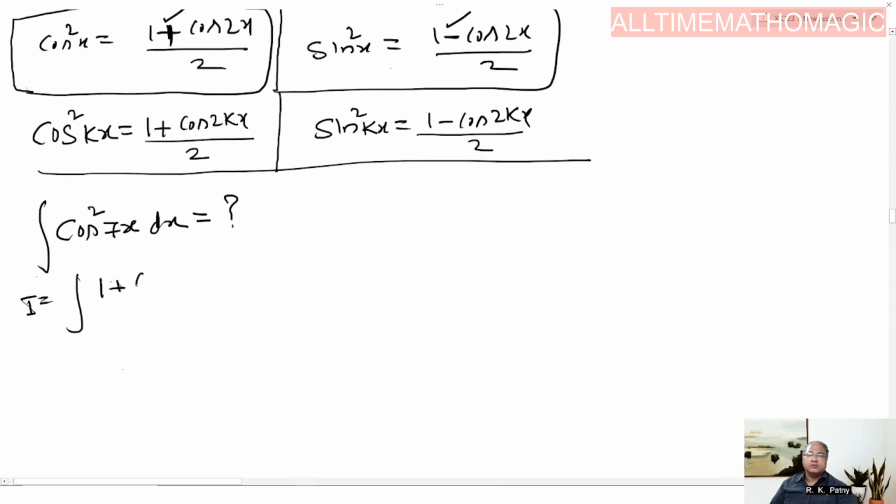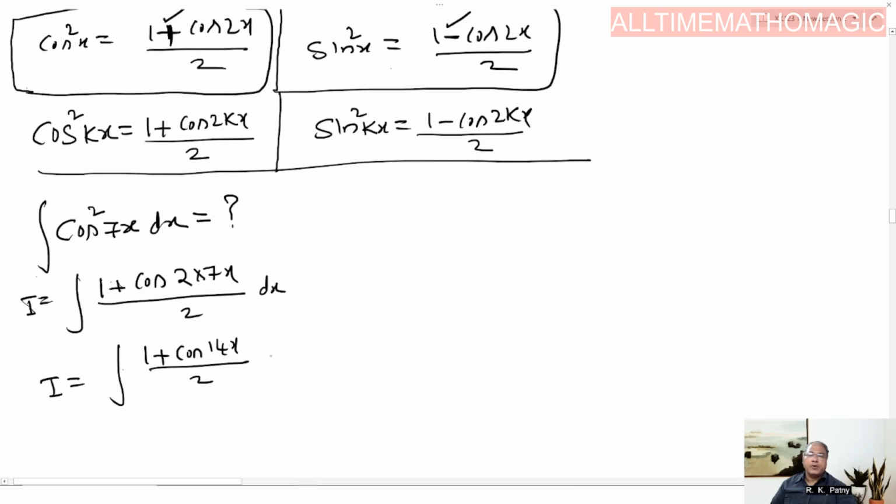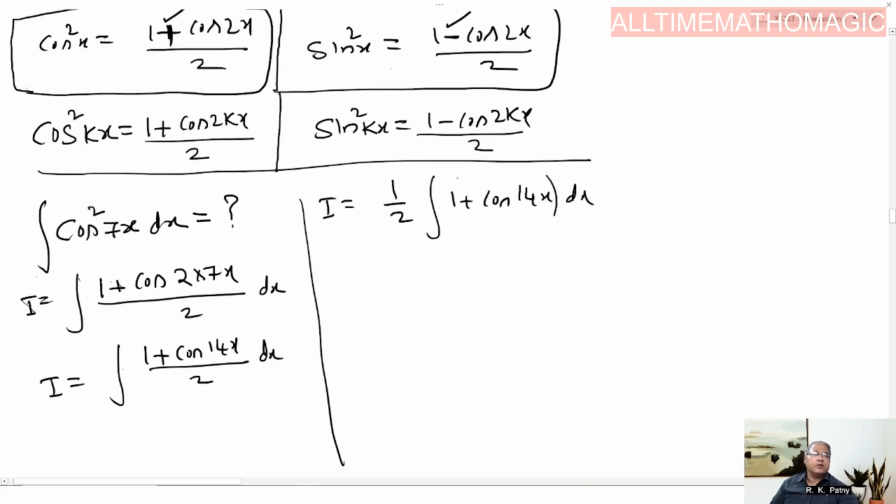So 1 plus cos 2 into 7x upon 2 with respect to x. So I equals integration of 1 plus cos 14x upon 2 with respect to x. So I equals 1 by 2 outside, integration of 1 plus cos 14x with respect to x.